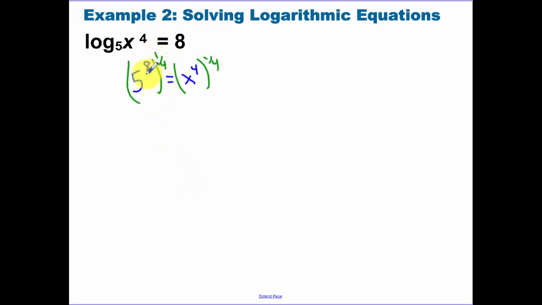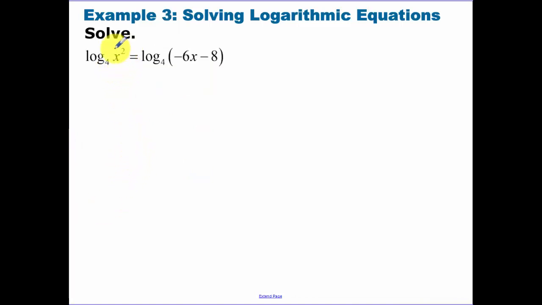So we get 5 squared is equal to x. That is going to be equal to 25. So x equals 25 in this case. And when I plug in 25 there for x, we're going to get a positive number, so we don't have to worry about extraneous solutions.